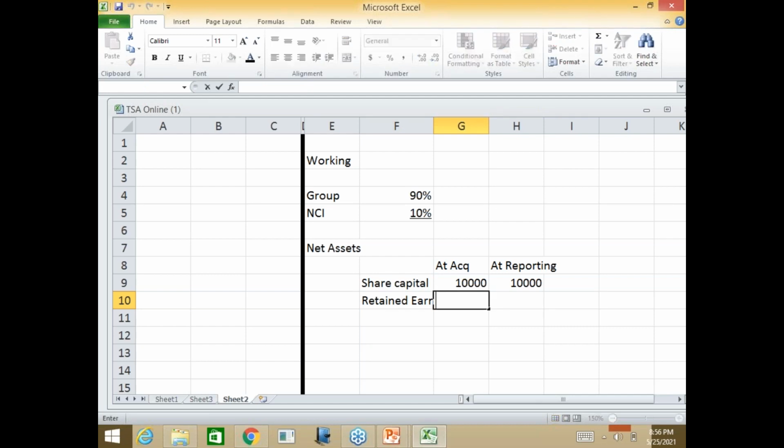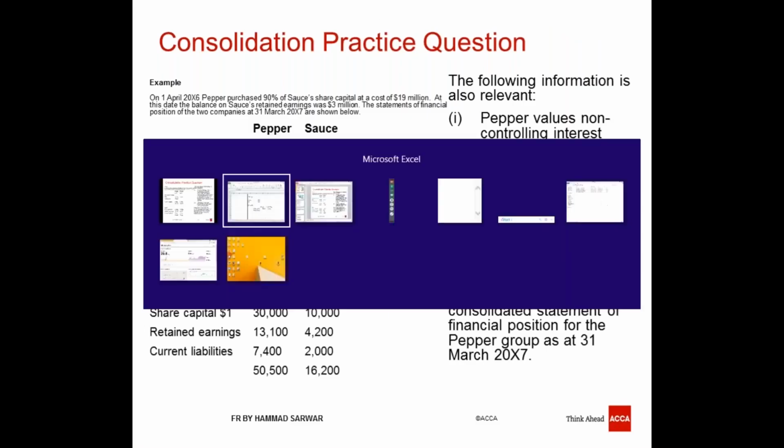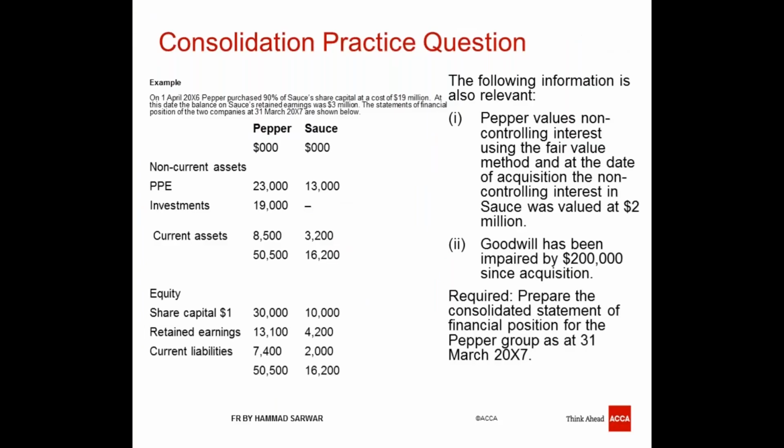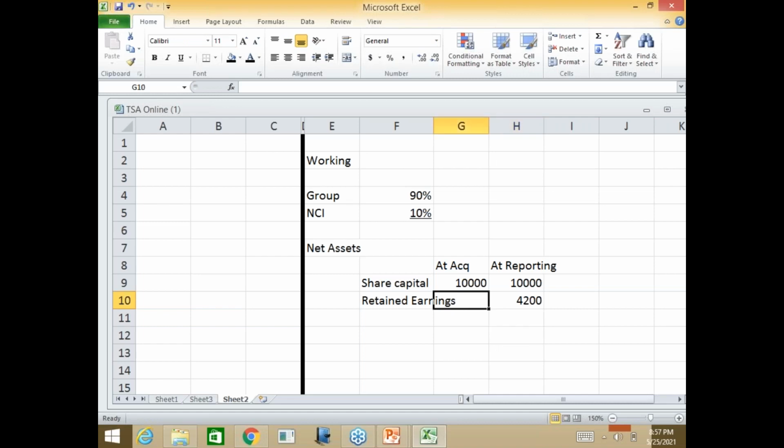Retained earnings is 4,200 at the reporting date. And at the date of acquisition, the retained earnings was 3 million, 3,000.